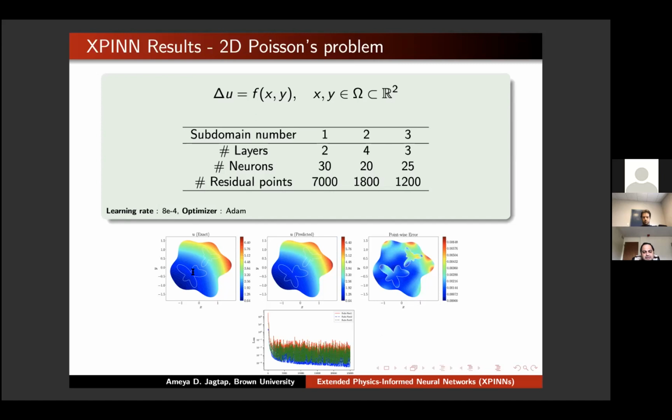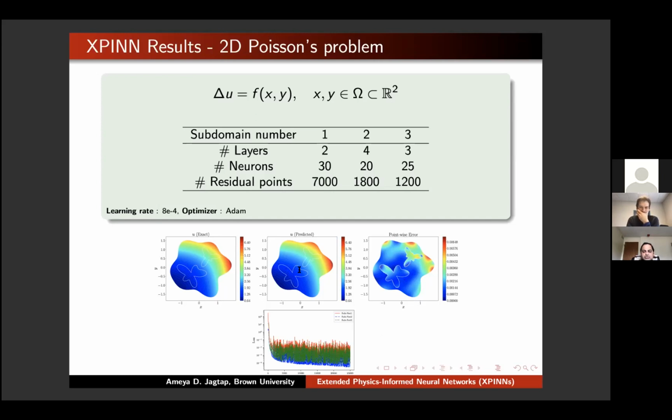and if you see here, this is the exact solution, this is the predicted solution, and this is the pointwise error after 25,000 iterations. So you can see that the predicted solution is quite accurate here, and even with the kink or sharp corners along the interface, the XPINN can give better accuracy.